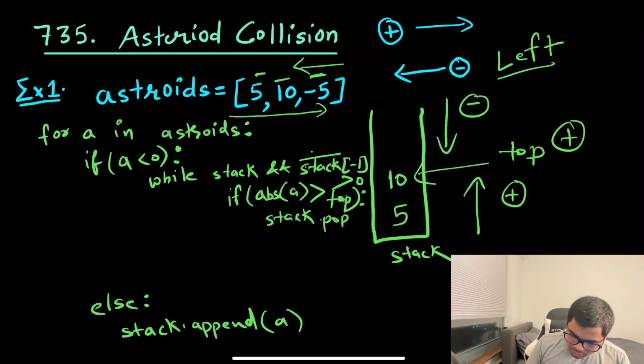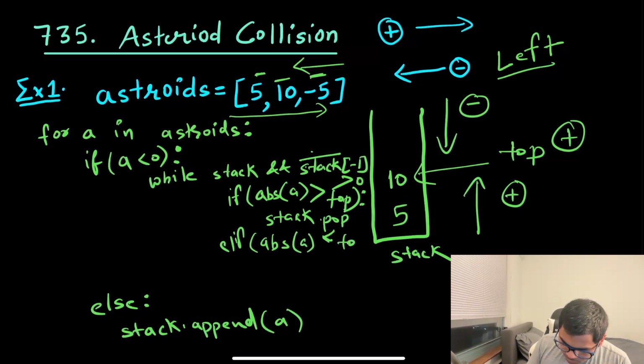All right. If this absolute value is smaller than top, that means I will break out of this loop. Why? In this case it is small, and I don't have to append it because this value is smaller than 10 in terms of absolute value.